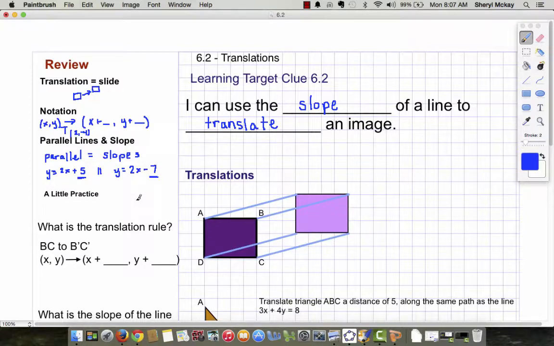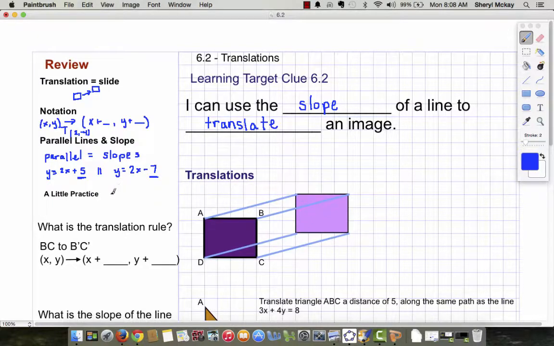The first equation starts at 5 on the y-axis, but it goes up 2 over 1, up 2 over 1, up 2 over 1. And the second one starts at -7, but it has the same slope. It goes up 2 over 1, up 2 over 1, up 2 over 1.